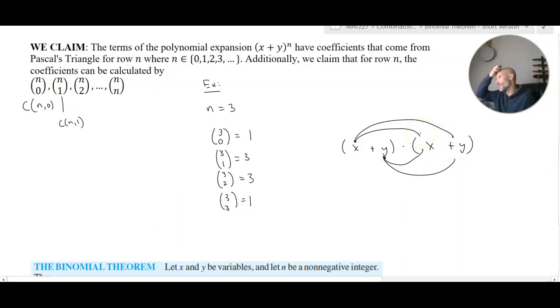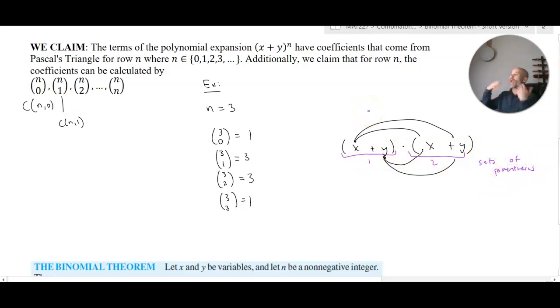But the way I want you to think about it is, how many ways are there for me to select 0 y's and 2 x's? Well, here I have 2 sets of parentheses. Think about this in terms of n being the number of sets of parentheses that you have, because that's what the power tells you, right? So you have 1, 2 sets of parentheses.